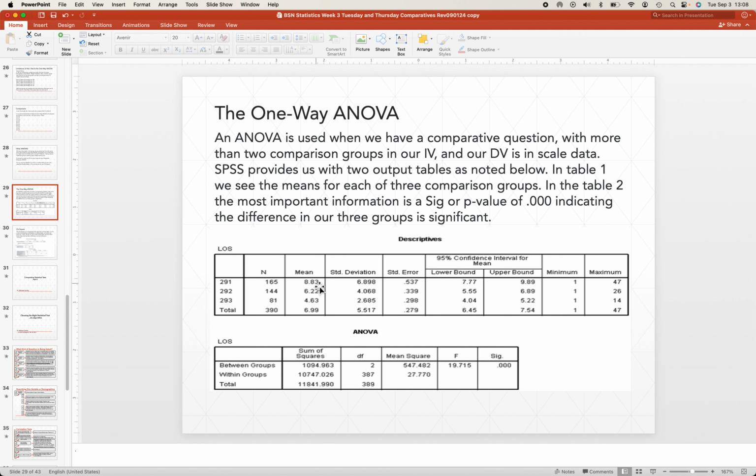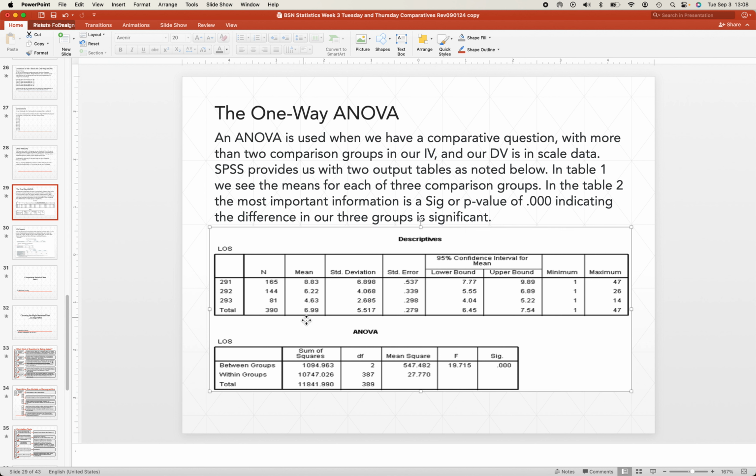So let's just look real quick. This is what is interesting about the confidence interval. We see that the 8.83 does fit between the upper and lower bounds of our confidence interval. It is between 7.77 and 9.8. The second diagnostic code fits in okay, and so does the third.